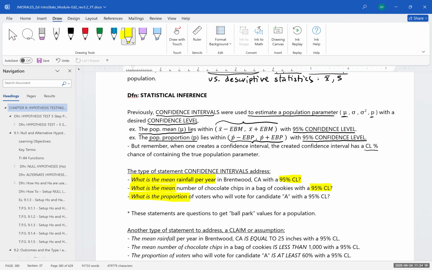What is the proportion of voters who will vote for candidate A with a 95% confidence level? So what we're looking for is a population mean, a population mean, and a population proportion. These statements are questions to get ballpark values for the actual population parameter we are interested in.